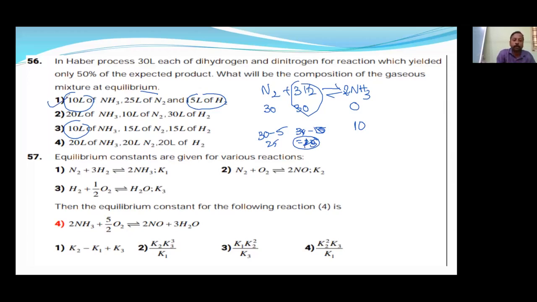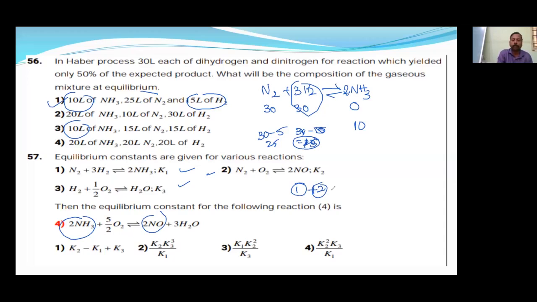Then equilibrium constants are given for these three reactions, K1, K2 and K3. See here, NH3 will require K1. So the first equation, plus O2, you don't worry. NO, nitric oxide, is required on the right side and is already available on the right side. For equation 2, 3H2O is required on the right side, but only 1 mole is there.